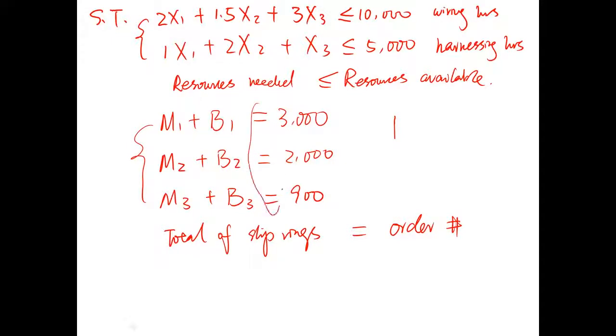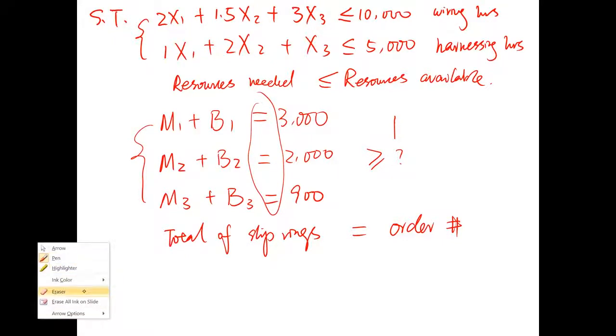Okay, now I've got a question here. For those signs, equal to means that we'll just fulfill the order. And can we change it to a greater than or equal to sign? Let you think about this. Okay, to answer this question, first let's think about what the greater than or equal to sign means.